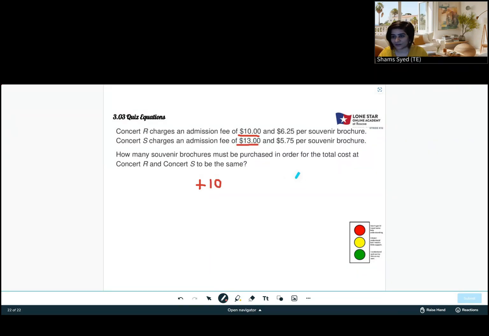Again, that's that one-time amount Concert S is charging. Let's look at the variable charges for each of the concerts. The variable amount is the souvenir amount. 6.25 for concert R and 5.75.